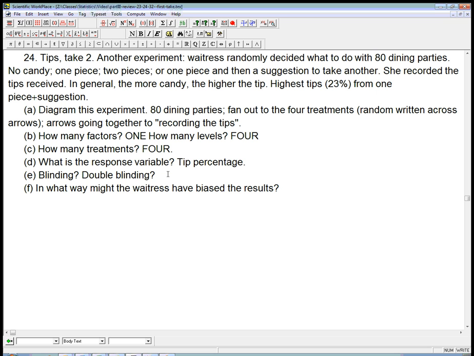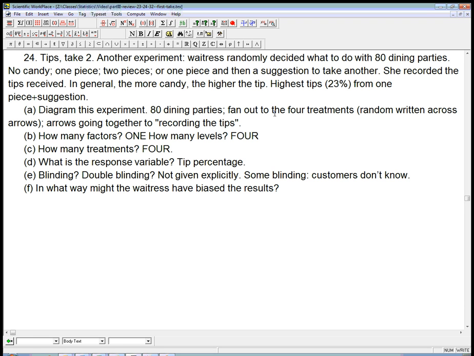So they ask, is it blinded? Was blinding applied? Is double blinding applied? Well, they're not telling us explicitly about that. So it's not given explicitly, and very much like in number 23, it depends on when the waitress does the randomization. So first of all, there is some very significant blinding that's applied, and that is that the customers don't know.